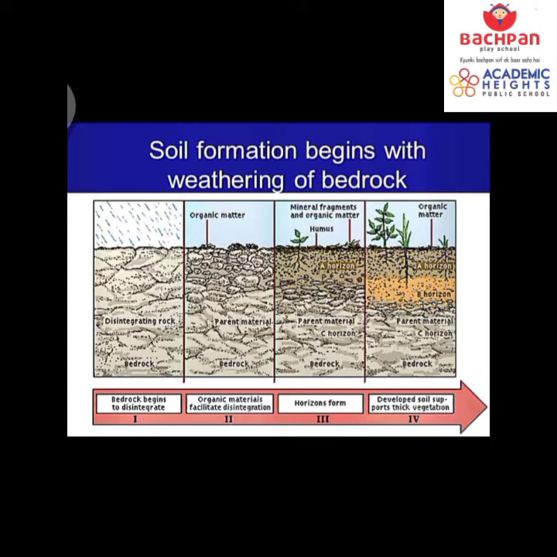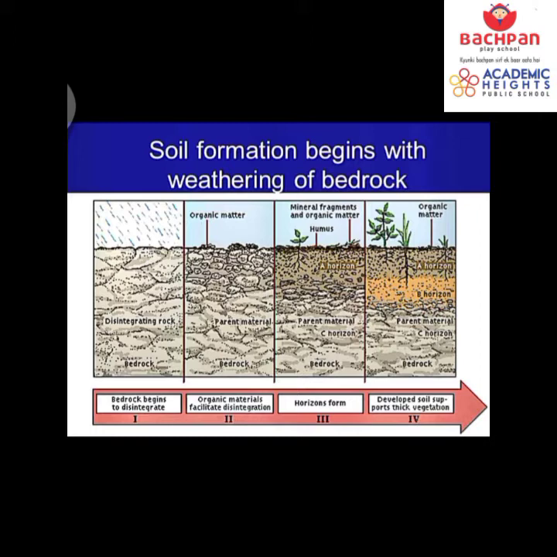The natural forces such as sun, wind, water break large pieces of rocks. That takes place in the first stage that we had seen. When the bedrock begins to disintegrate, how? It starts disintegrating only due to the sun, due to the wind, due to the water. Then further it is broken into sand and silt as we see in the second stage.